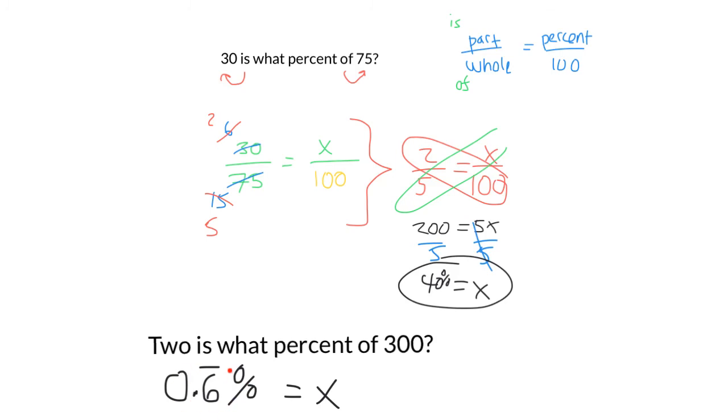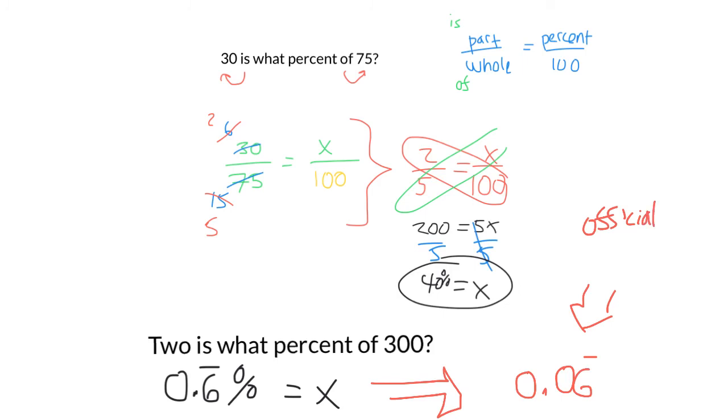If I wanted to turn this percent into the decimal version of itself, the truth is that this equals 0.06 repeating. That's what we refer to as, let's call it, the official decimal value, whereas this is the actual percentage.